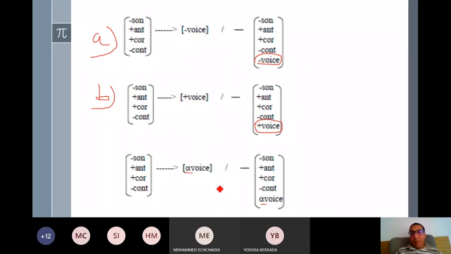That is, if we have a plus voiced consonant, then this alpha will be replaced by plus. If we have minus here, it will be replaced by minus. So we use the alpha notation to coalesce the two rules, voicing and devoicing assimilation, and we express a generalization.